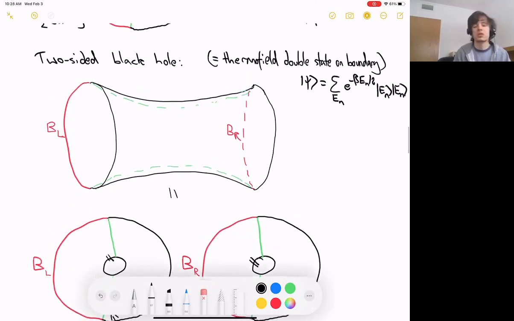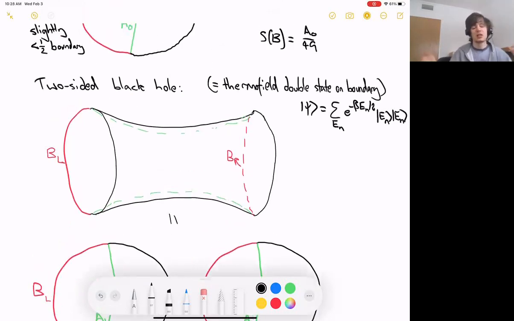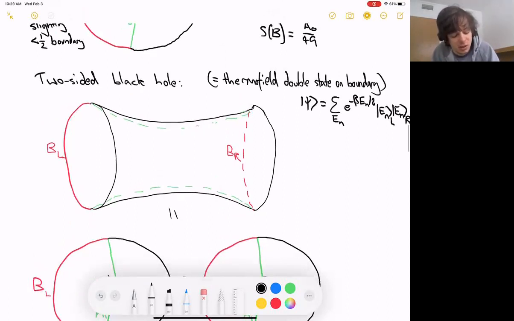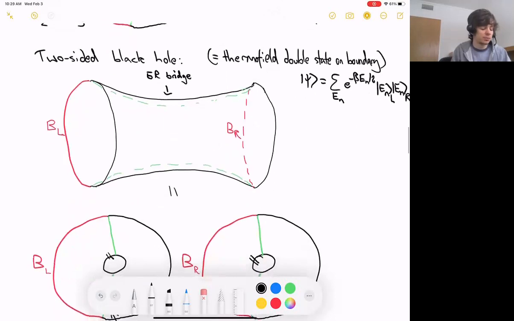And this is dual in the bulk to what's called a two-sided black hole, which means a black hole with this Einstein-Rosen bridge connecting it to a different boundary. So we have a left boundary and we have a right boundary, and they're connected together by this Einstein-Rosen bridge or wormhole. But otherwise, the geometry looks the same as this geometry of the black hole we had up here.